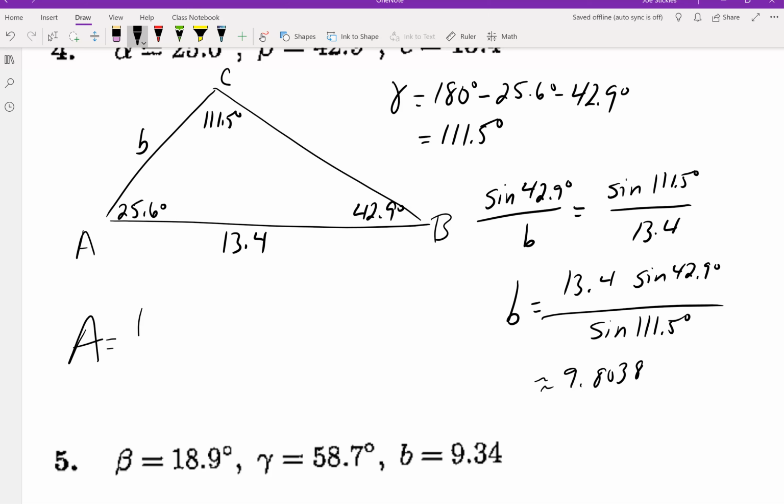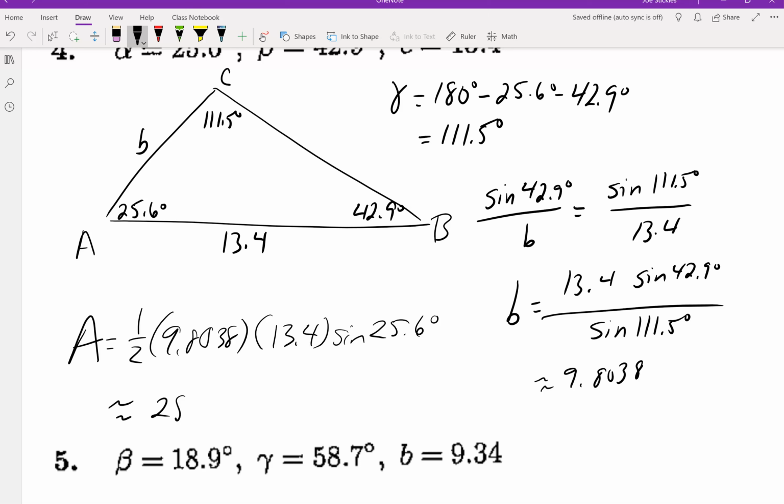So the area will be 1/2 times that 9.8038. That number is in my calculator, so I can use it. 13.4 is the other side, and the angle that's in between those two sides is the 25.6. So we have 0.5 times the previous answer that's in my calculator, times the 13.4 times the sine of the 25.6. And again, that gives us 28.